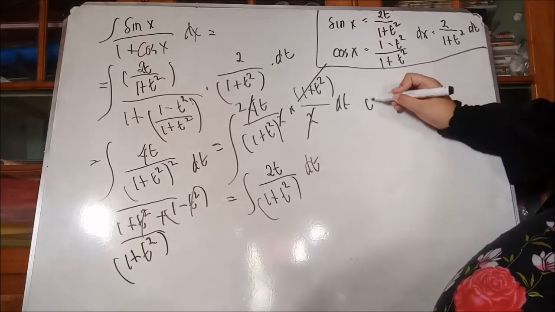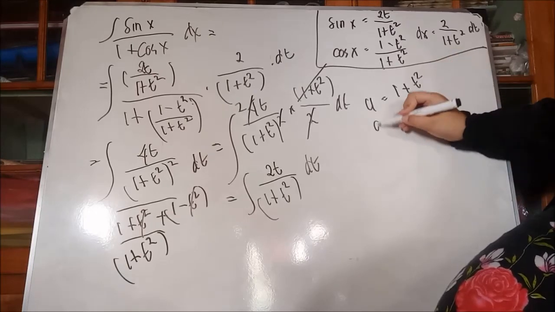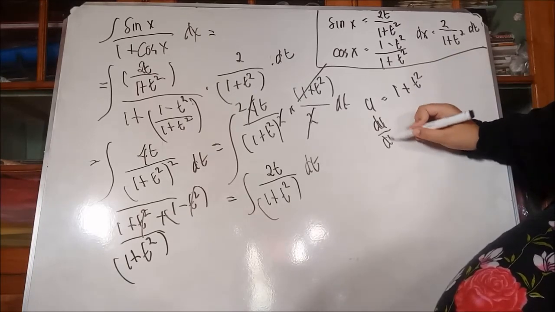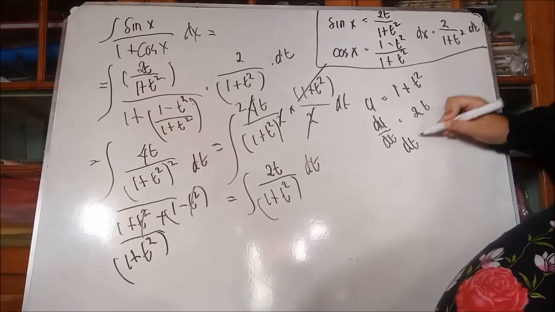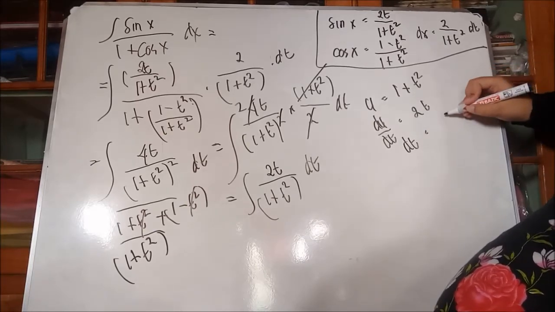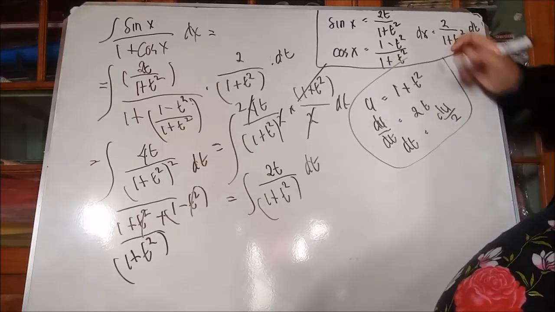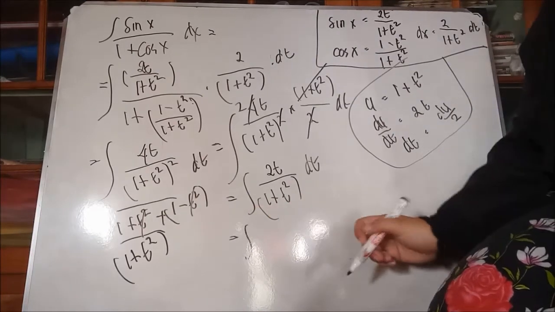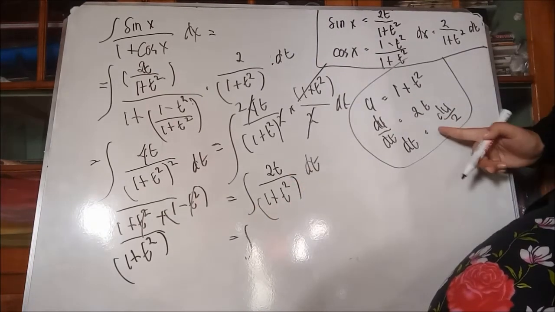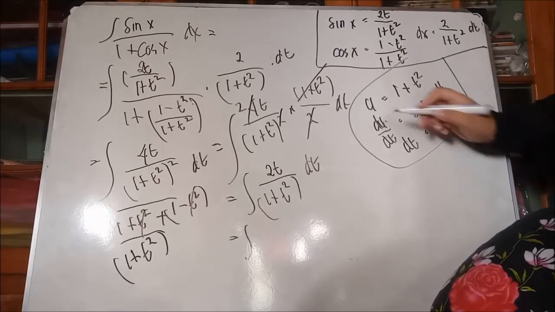So in here we can substitute u equal to 1 plus t square. So we can get du over dt equal to 2t. So we have dt equal to du over 2. In here we can substitute the integral of 2t dt, it is equal to du.